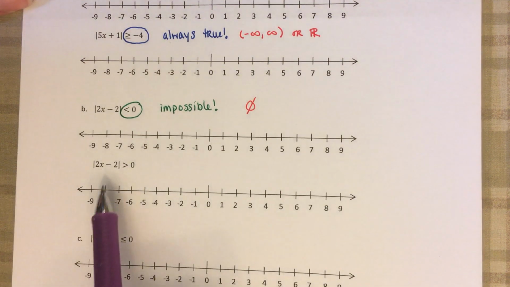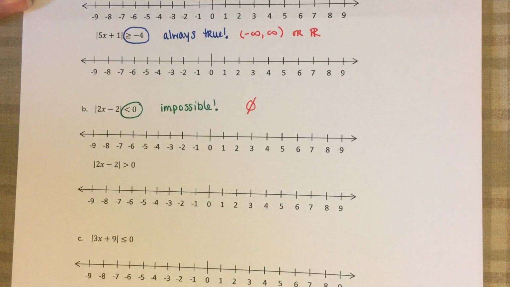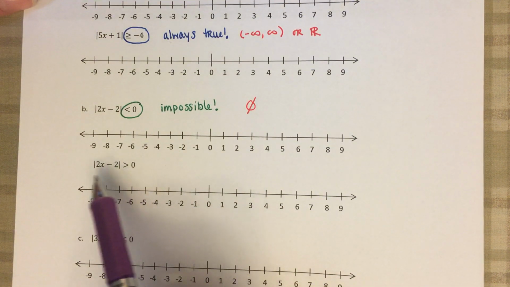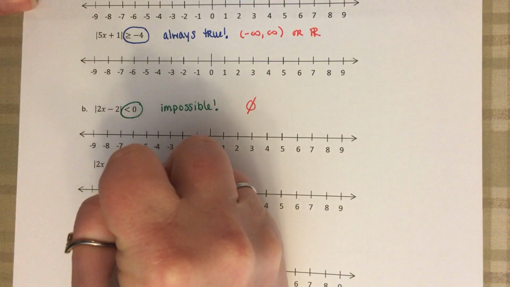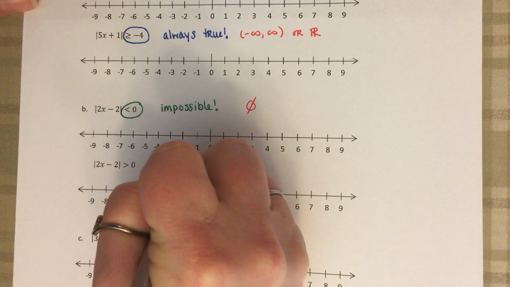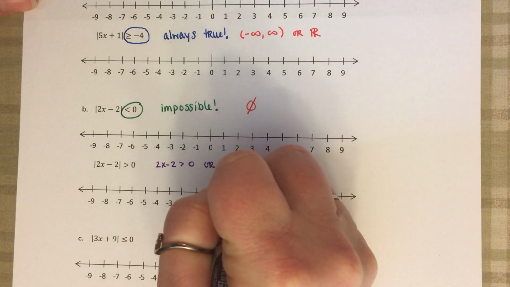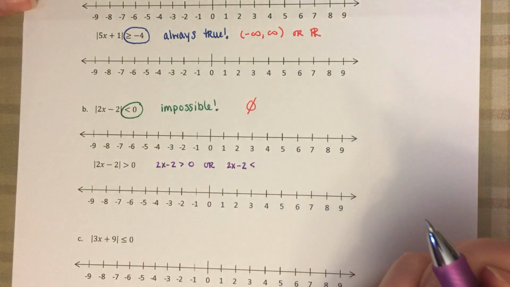So we're going to look at this one here. We can work through this one a couple of different ways. We could say that it is not equal to 0, or we could work through it like we did our greater than problems on the previous page. So I'm going to go ahead and do it that way. So using this case, 2x minus 2 is greater than 0. That means that 2x minus 2 is greater than 0, or 2x minus 2, if we flip our symbol, we get a less than.